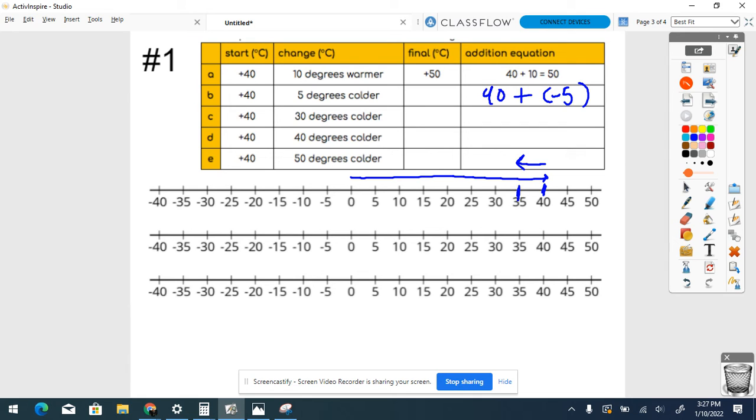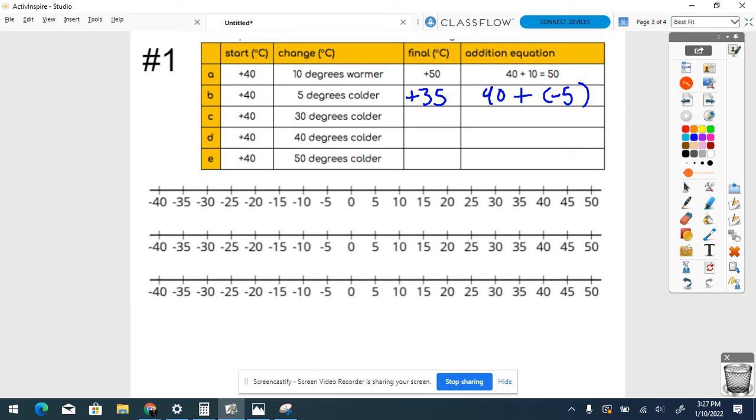So I'm not going to count 5 ticks. I'm just going 1 tick, which is 5. And my arrow points to 35. So if I start at 40 and I go 5 degrees colder, my temperature is positive 35. Great.